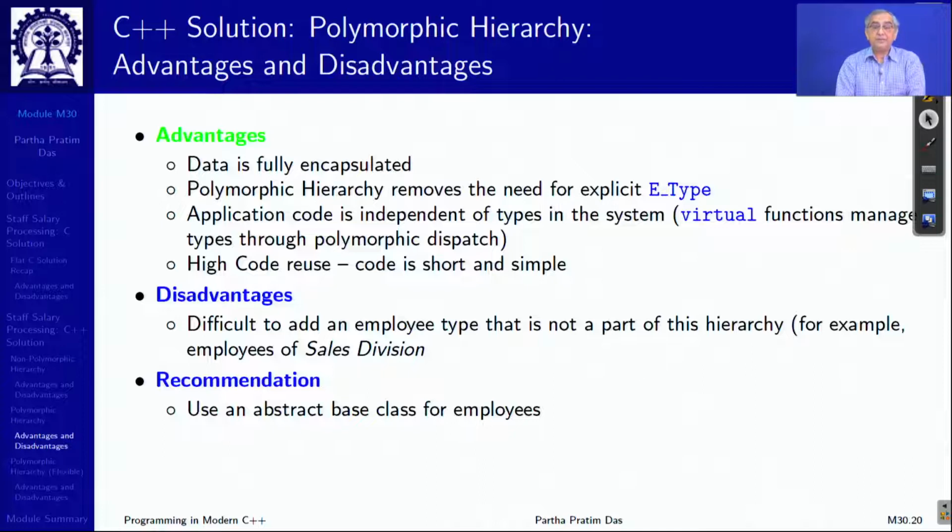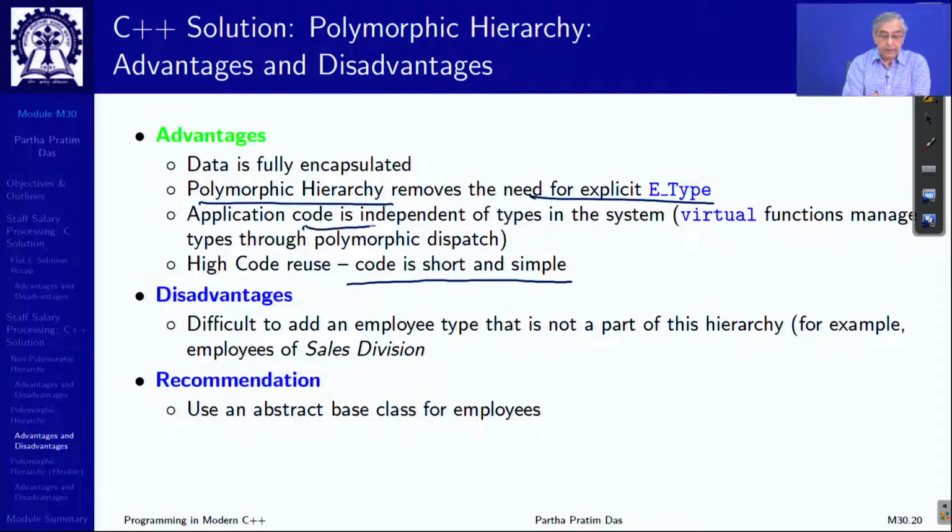We have to assess ourselves for further refinement. Naturally, in terms of advantages, what gets added are a couple of things. One is polymorphic hierarchy, which removes the explicit use of E type. Application code for independent types is not needed, virtual function takes care of it, substantial code reuse and code shortening.